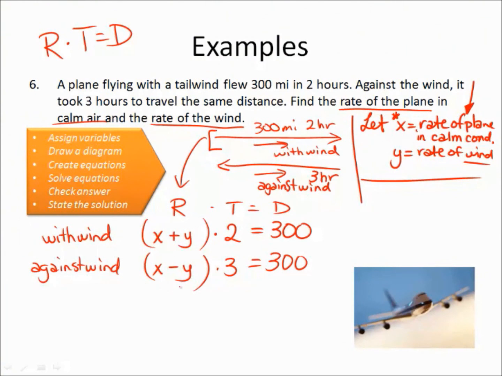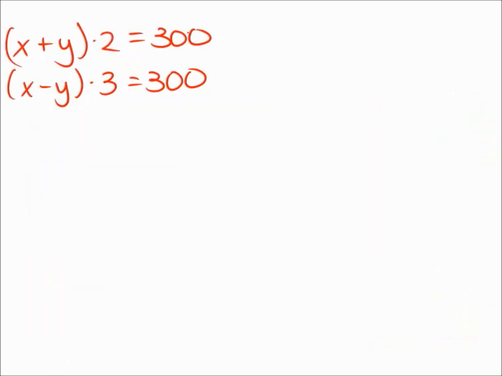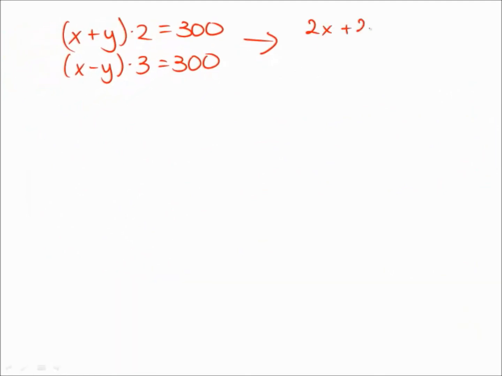Against the wind, we've got x minus y. And we've got two separate equations, which we can now combine using our solving techniques. So let's go ahead and solve these equations. This gives us 2x plus 2y is equal to 300, and this one gives us 3x minus 3y is equal to 300.